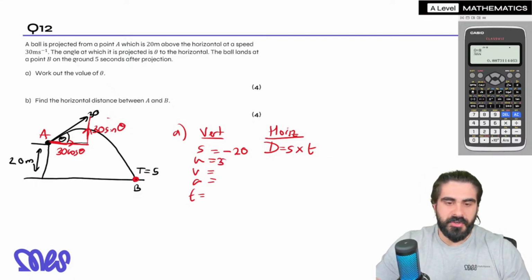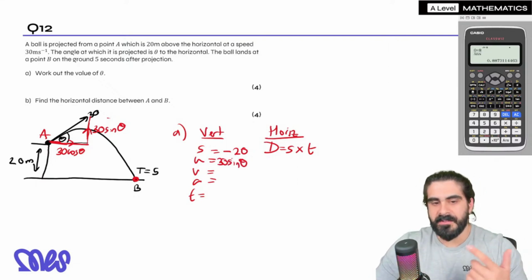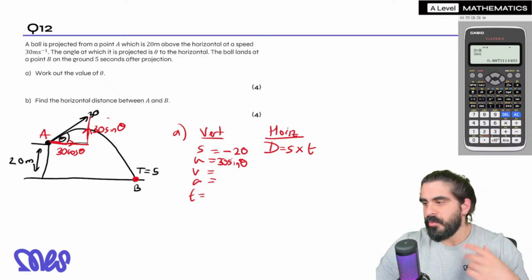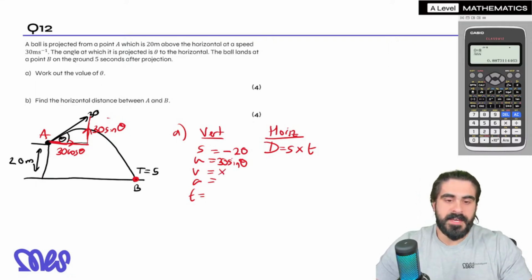Because then we can say U is 30 sine theta. Because if you say S is 20, you have to let U be minus 30 sine theta, which in terms of the diagram can look quite confusing. We don't know V there. And A is minus 9.8. And T is 5.